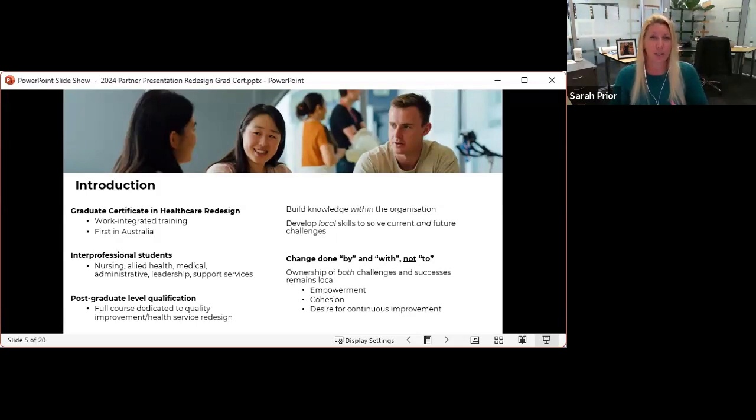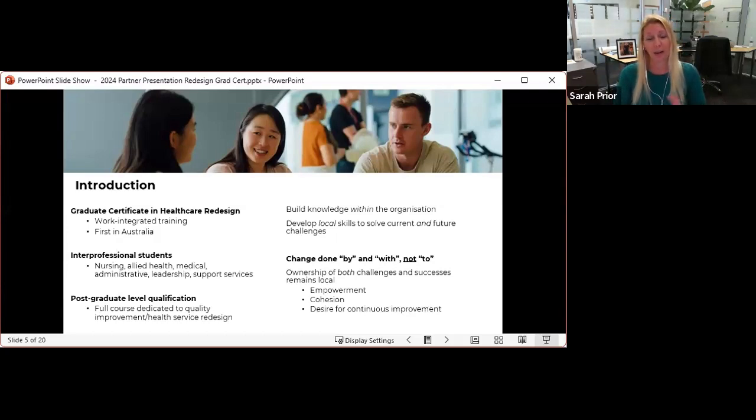So the graduate certificate in healthcare redesign is work integrated learning, so it does incorporate a workplace project. We have students from across all facets of health services, so nursing, allied health, medical, administrative, leadership, support services. We have paramedics, pharmacists, pathology workers, radiologists.